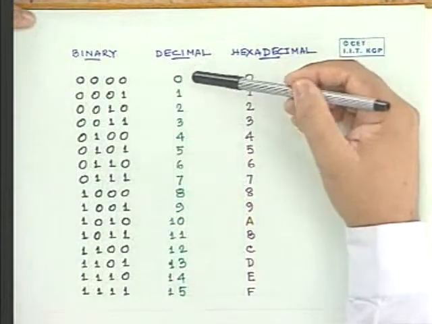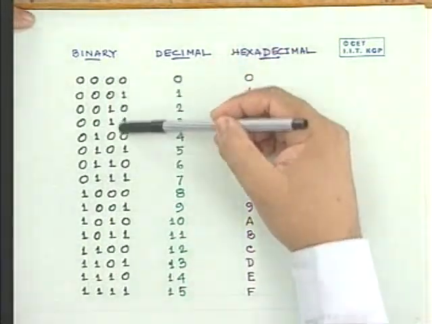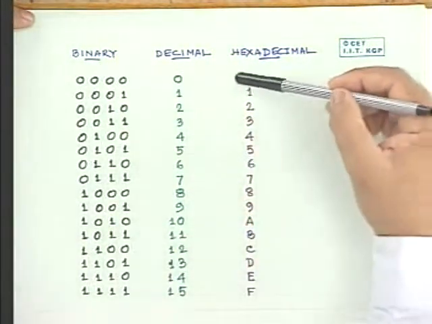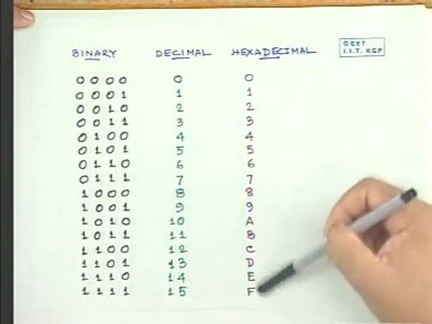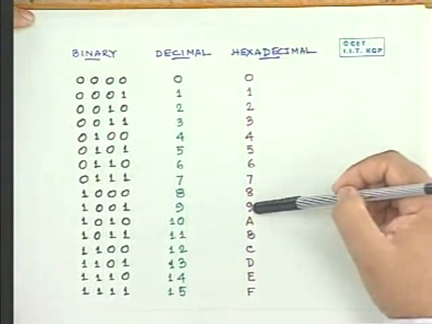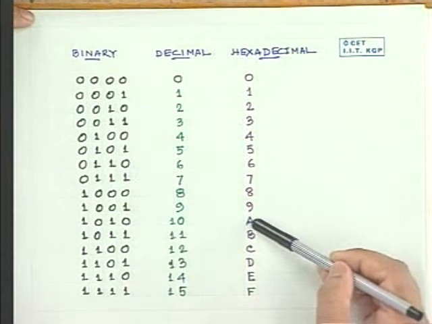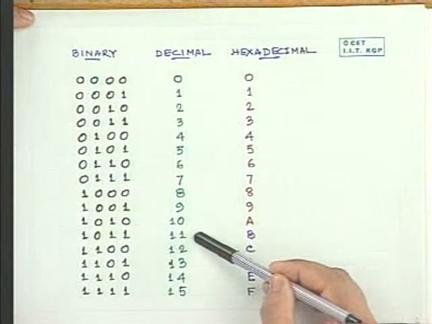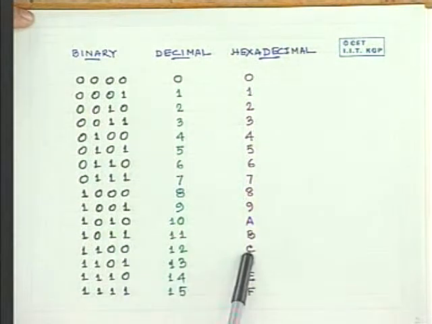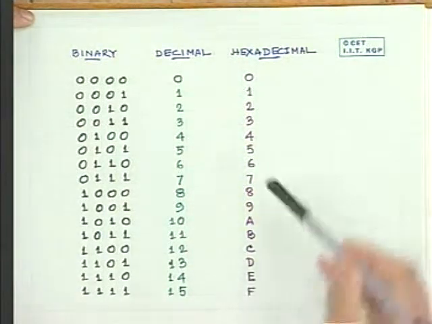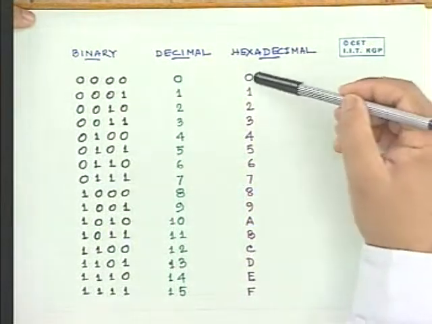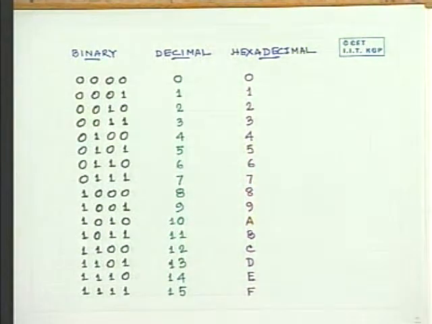So I represent these 16 binary combinations by means of a hexadecimal character. Up to 9, we keep the characters same, and 10 is represented by A, 11 by B, 12 by C, 13 by D, 14 by E, and 15 by F. Okay, the hexadecimal characters are from 0 to F.